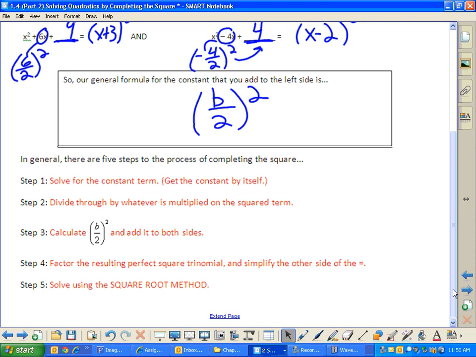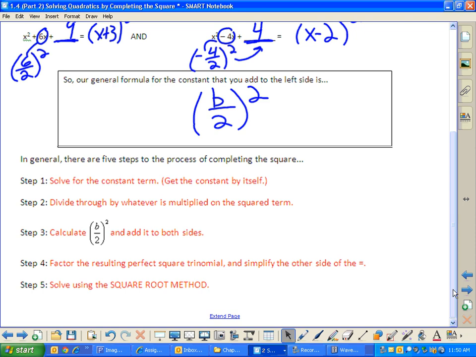Because there's 5 steps. You're not going to retain the 5 steps after I show you 1 or 2 in class. You're going to need to look back at what we did today to help you move through a couple of problems on your own. Now, like I said, this is a 3-day lesson. So as we move through, you're going to need less and less support. Ideally, by the time we get to Friday, you could do these without looking at the steps.